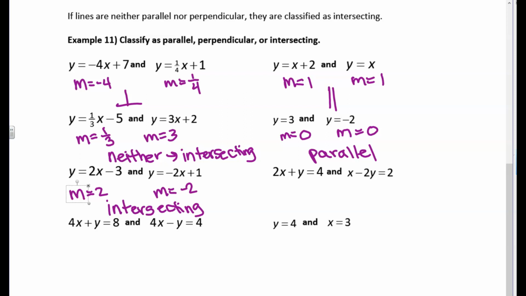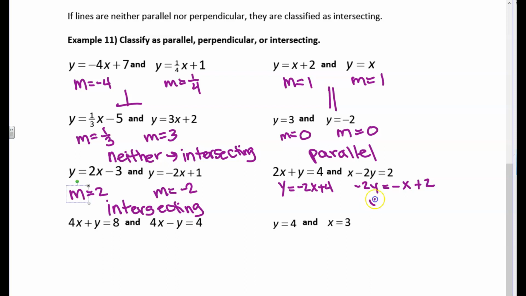Now, on the next two problems, we have lines that haven't yet been solved, so we can't see their slope yet. Before you can do these, you have to solve them first. When I solve this one, I would subtract the 2x over, so I get y equals -2x plus 4. This one over here, I would first subtract the x, so -2y equals -x plus 2.